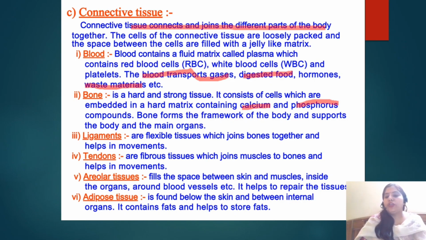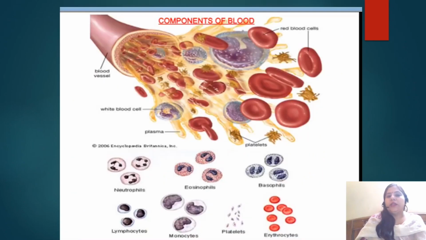So ligament joins bone to bone, and tendon joins muscle to bone. Then we have areolar tissue. Areolar tissue is basically the gap filling tissue, and adipose tissue is the fat storing tissue. So this is all about the different types of connective tissue.